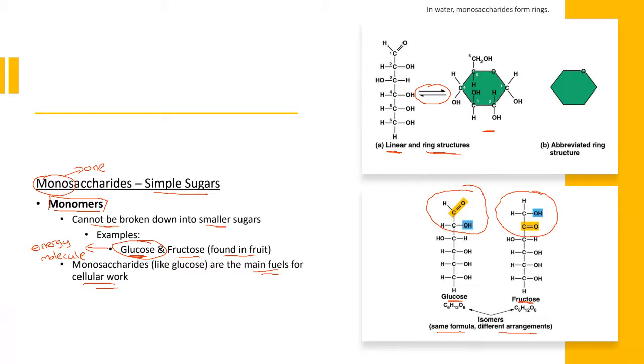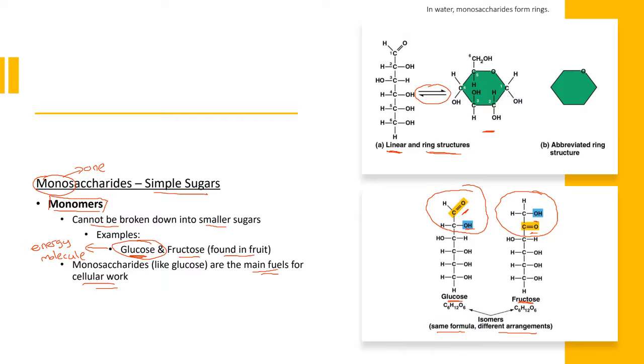Look where the OH group is over here, where this is the carbon with a double bond oxygen over here, and it kind of flips in fructose. Okay, that's what makes the difference between one monosaccharide and another, between glucose and fructose. Now you don't really need to know this, but just know how sometimes you can have the same formula, okay, but a different rearrangement.